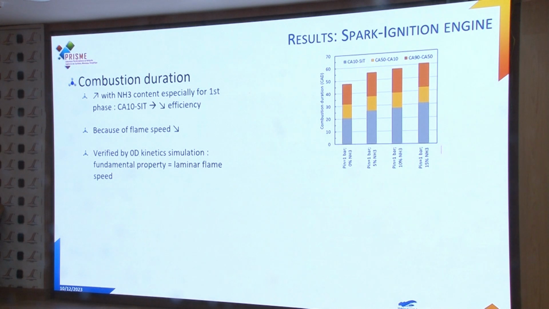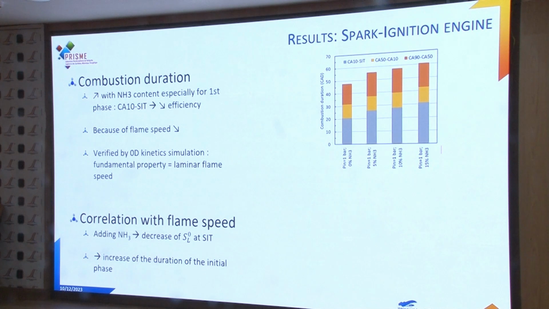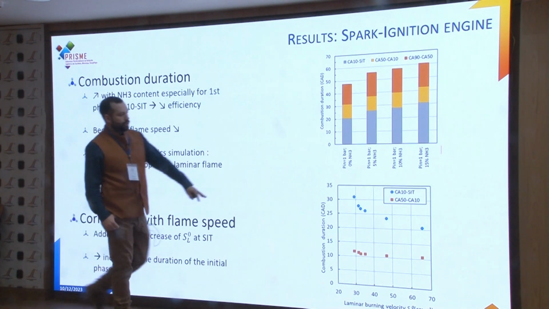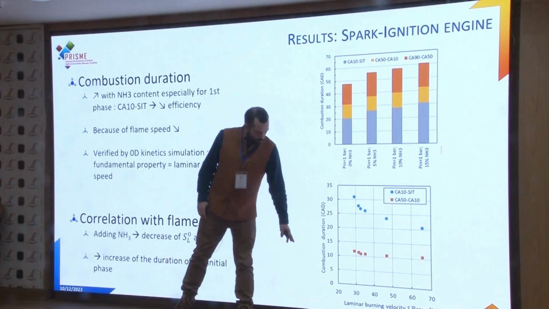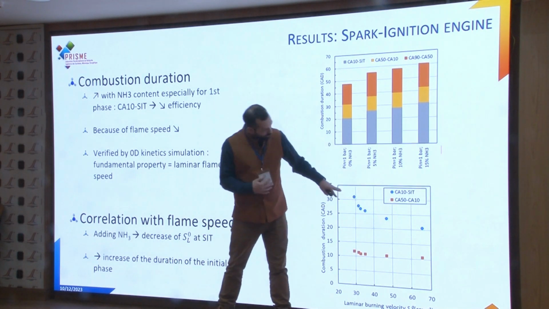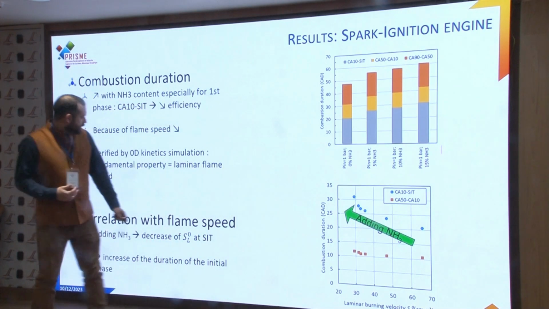And this is mainly related to the flame speed, and we verified this using 0D kinetic simulation. And we can correlate a bit this first combustion phase with the laminar burning velocity with the ammonia content going that way here.